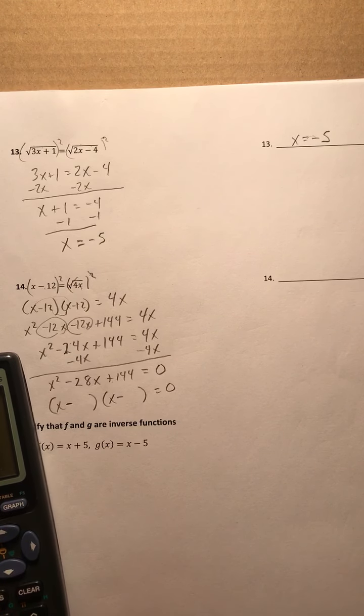All right, so 144 divided by 22. No. 144 divided by 21. No. 144 divided by 18. 18 and 8.